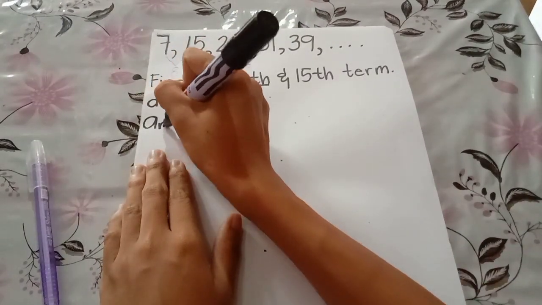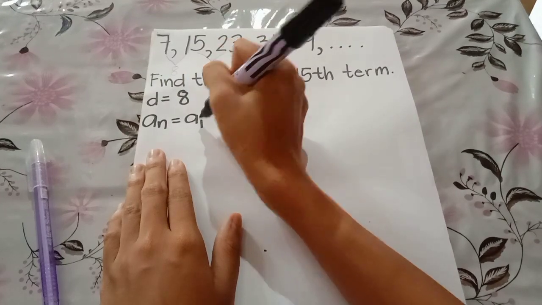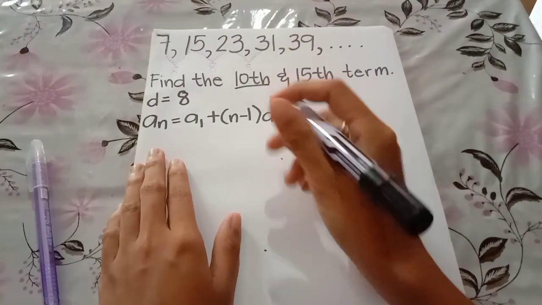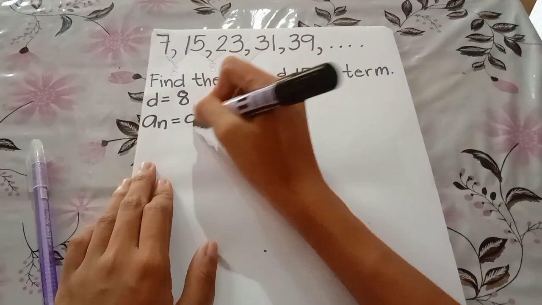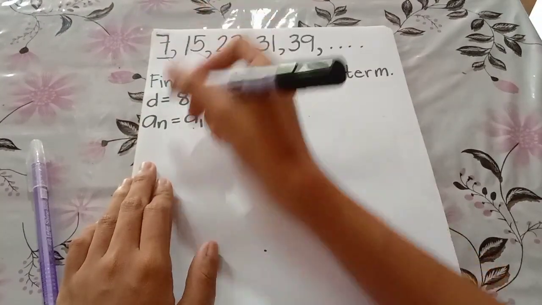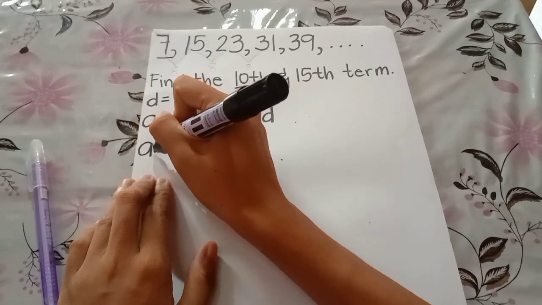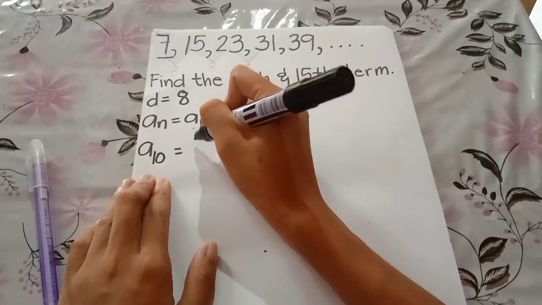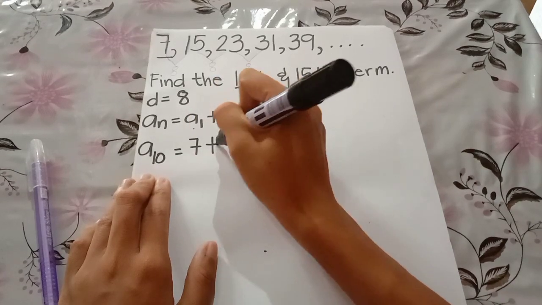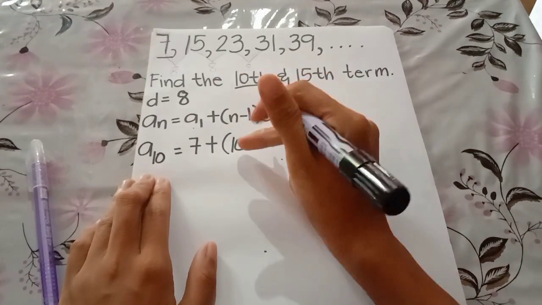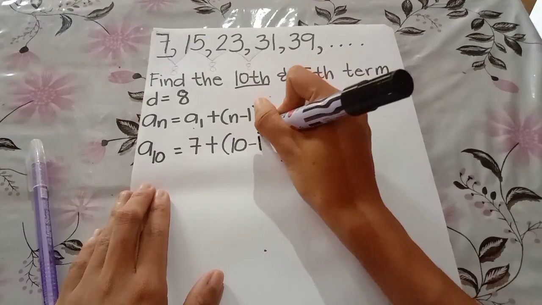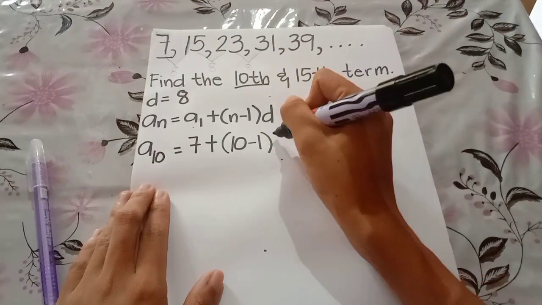Now, using the formula, a sub n is equal to a sub 1 plus n minus 1 times d. By substitution, a sub n we're going to make a sub 10 since we are looking for the 10th term of the sequence. A sub 1, or the first term, is 7, plus 10 minus 1 times the common difference of 8.